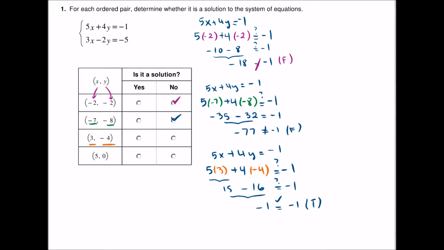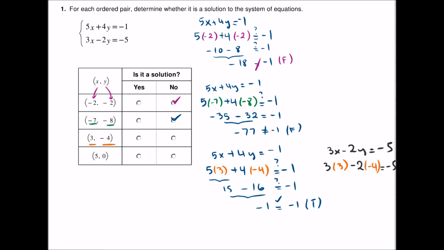So since it's true, we're going to check the second equation. If it's true on the second equation, it's going to be a solution for this system. My second equation is 3x minus 2y equals -5. So 3x, as we said earlier x is 3, minus 2 times the y value, which is -4, equal to -5.